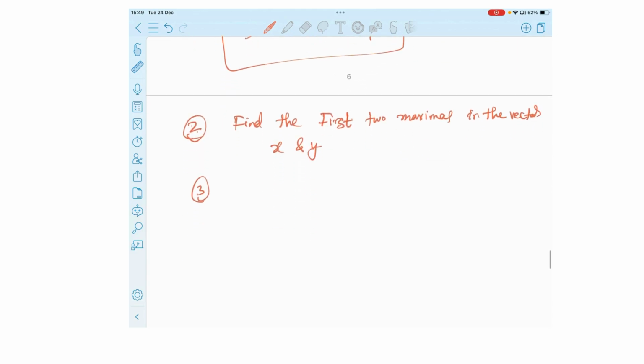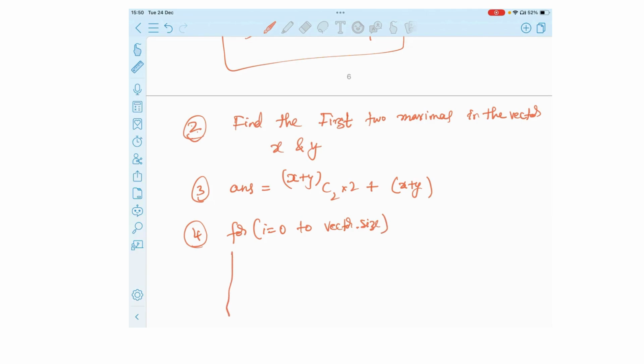Now initialize the answer to (X plus Y choose 2) into 2 plus (X plus Y). Now iterate through the entire vector. If vector of i equals X or vector of i equals Y, then just continue without counting them, because we have already combined the first two maximum components into a single component and included their ordered pairs in the answer already.